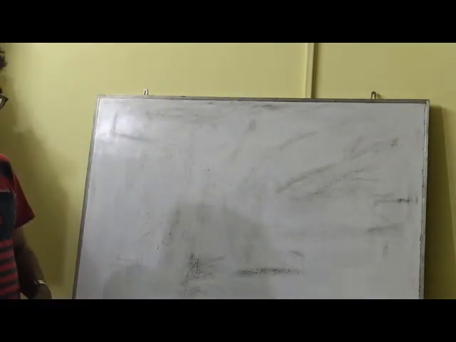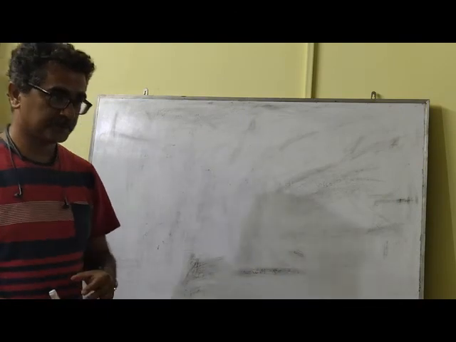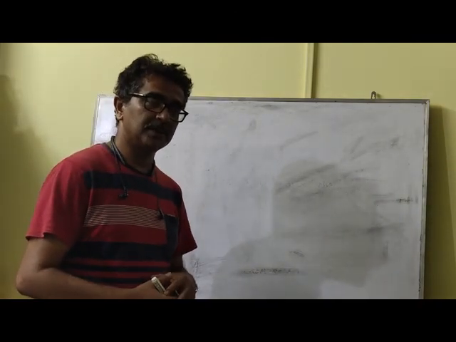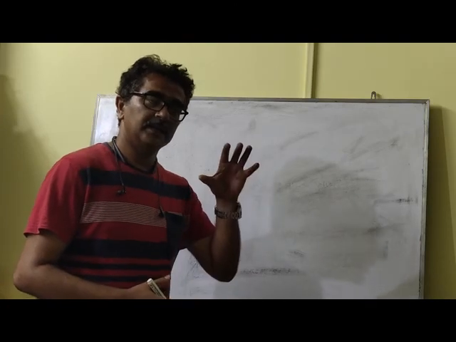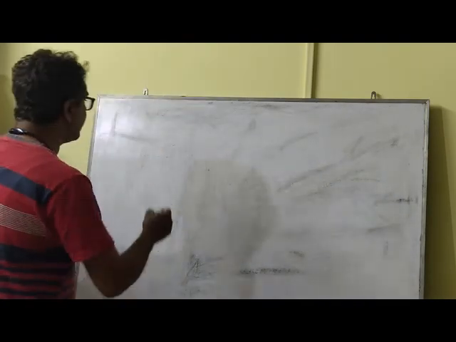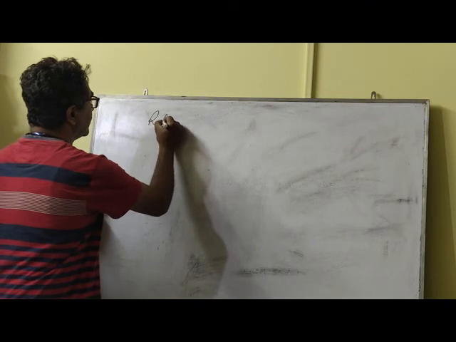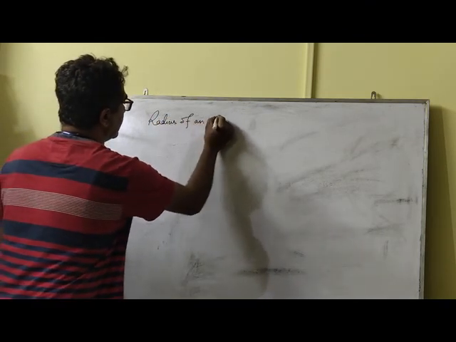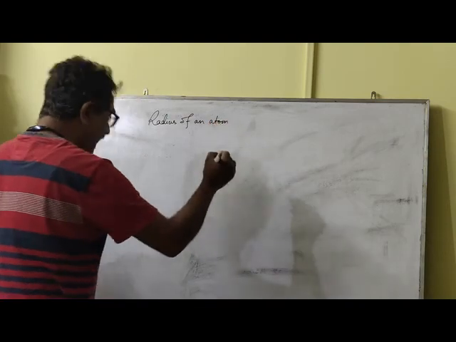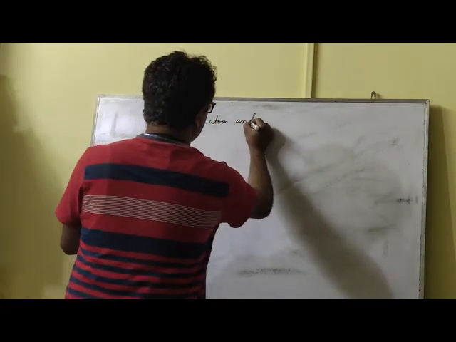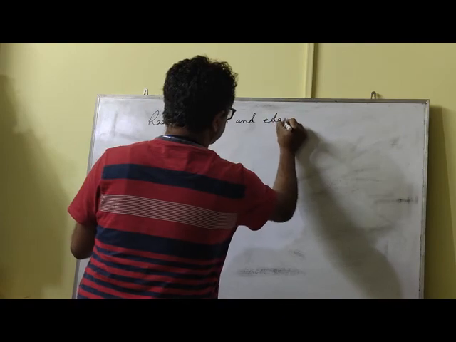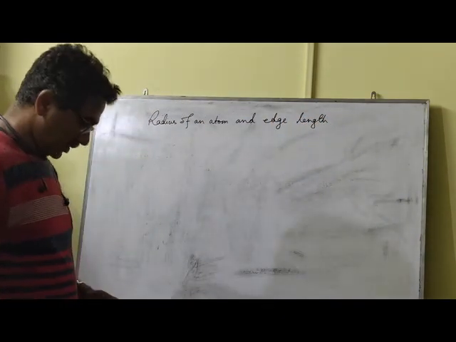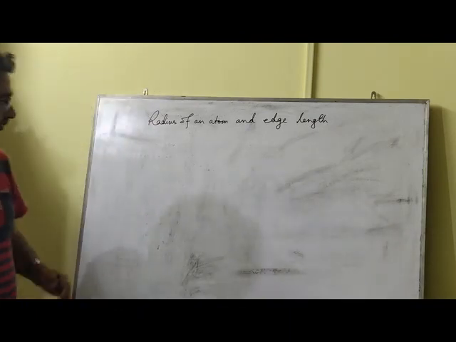Today I'm going to discuss about... I'm still continuing with the solid state. Today I'm going to discuss about the relationship between the radius of an atom and edge length of a unit cell.